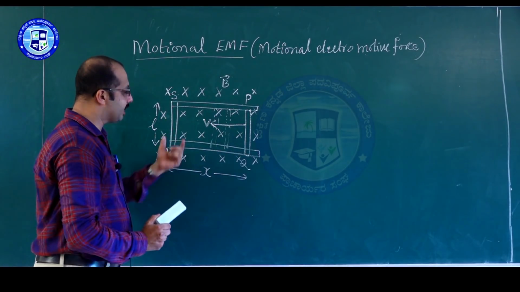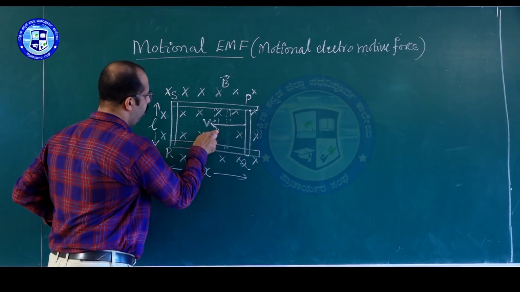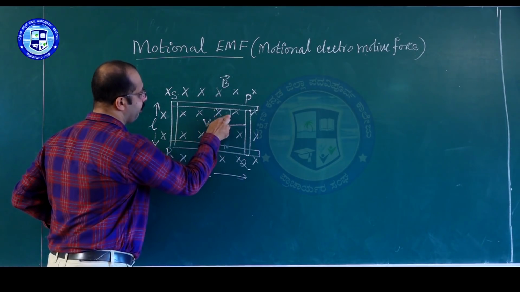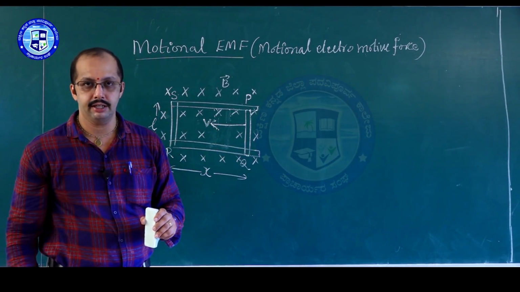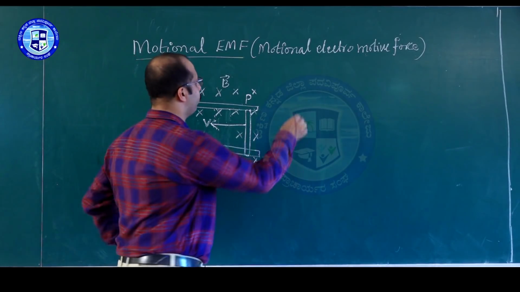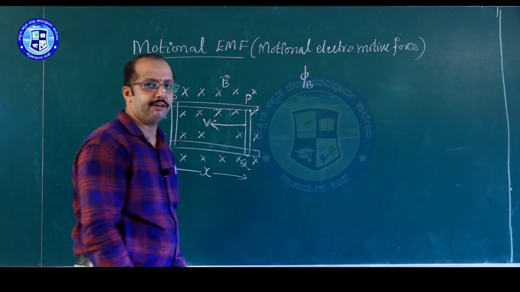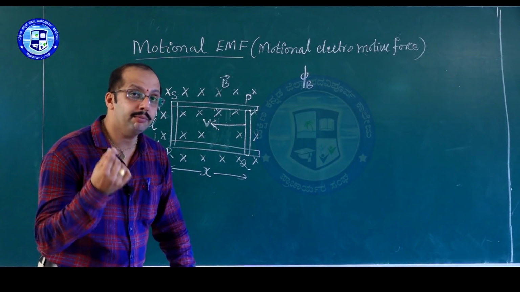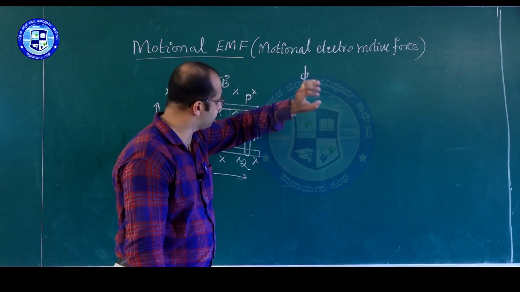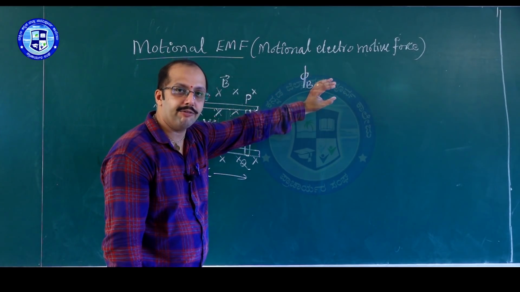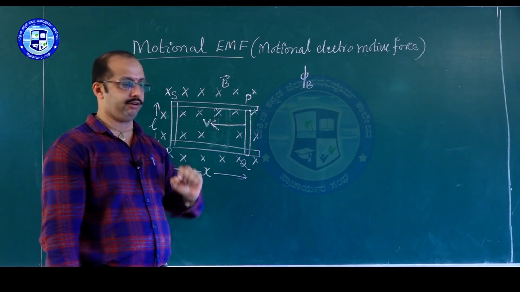To explain this concept of motional EMF, recall what we discussed in previous concepts, the magnetic flux, represented by phi B, the Greek notation. What do you mean by magnetic flux? It is a scalar quantity: the number of magnetic field lines that pass through a unit area in the normal direction.